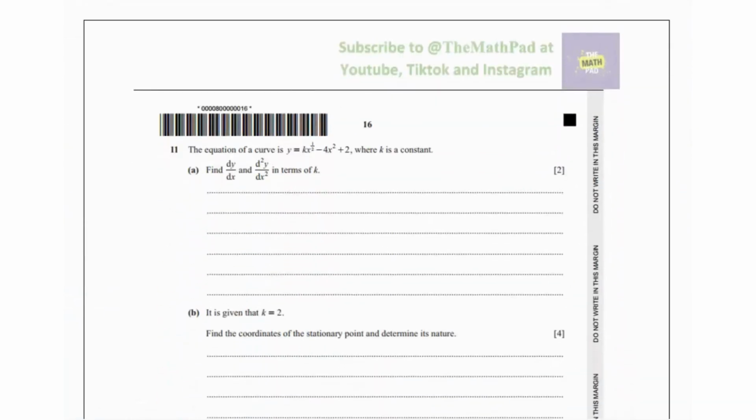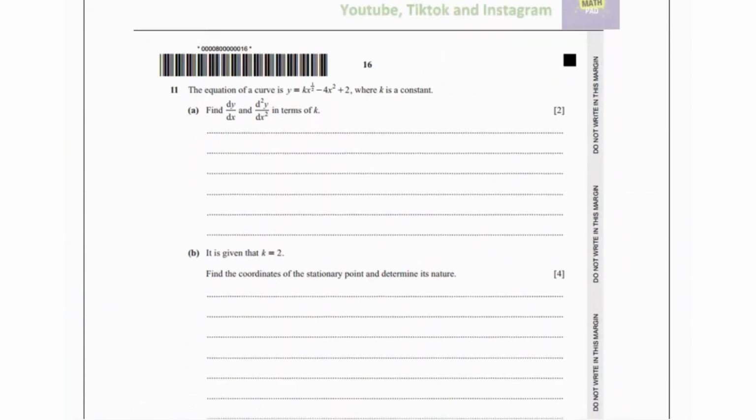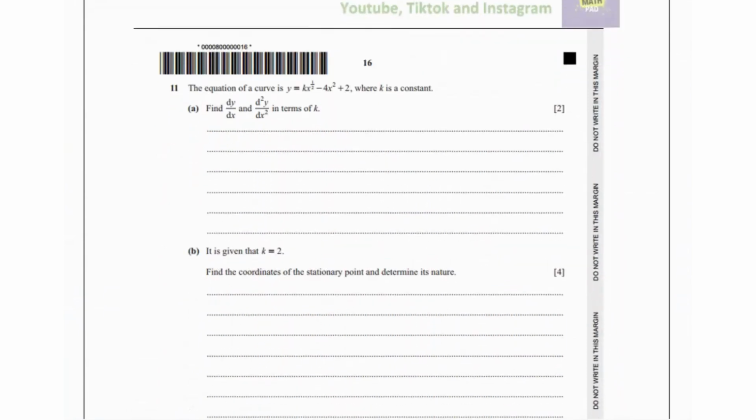Then it says the equation of a curve is y equals kx to the power of 1 over 2 minus 4x squared plus 2, where k is a constant. Find dy by dx and the double derivative in terms of k. So for the first derivative, it's going to be 1 over 2 k times x to the power of 1 over 2 minus 1, minus 8x.